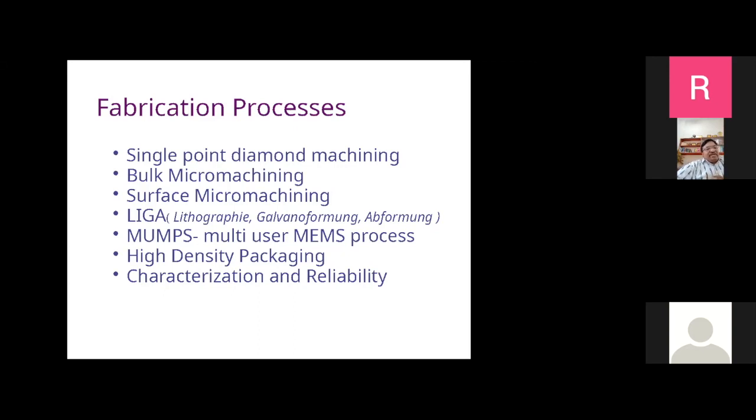MEMS is a multi-user MEMS processing facility in the US, a commercial foundry where you can get things fabricated. If you have some device, if you want to make a pressure sensor or something according to some new idea, you can send it to them and get it fabricated, and you can test it here.